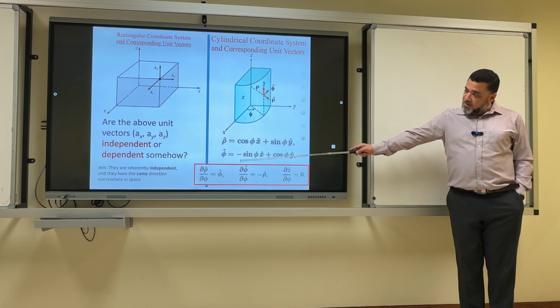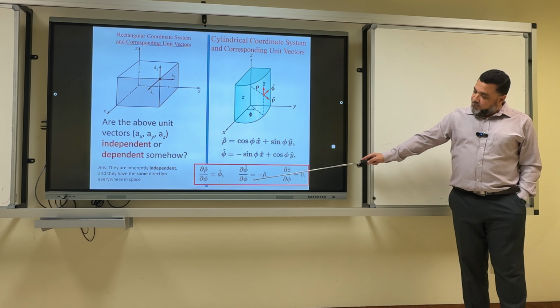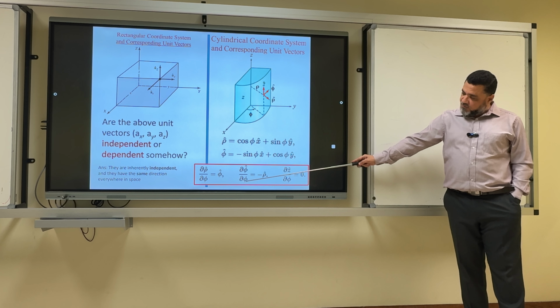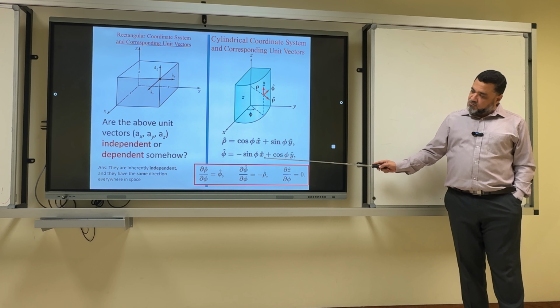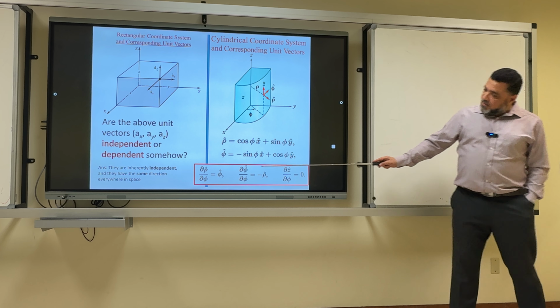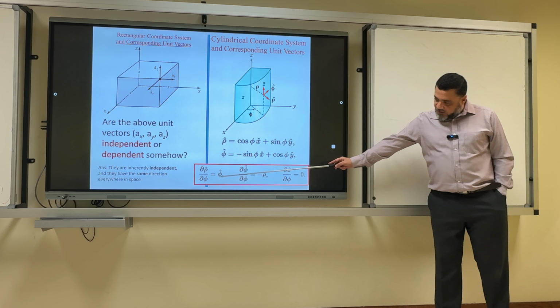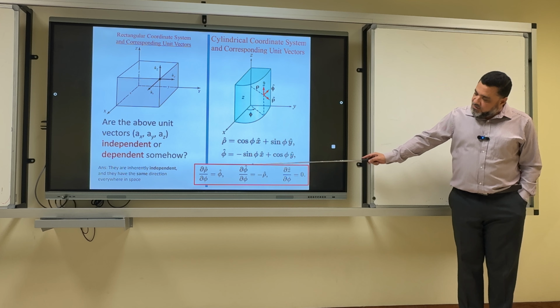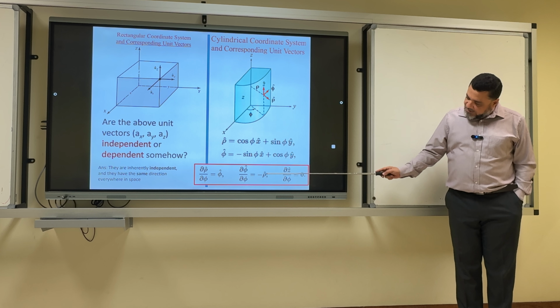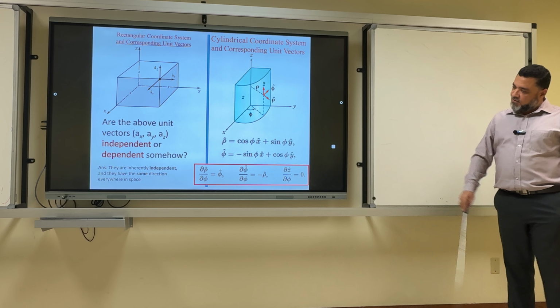And the partial of a_phi with respect to phi will be minus a_rho, which is minus cosine phi in x plus sine phi in y. So partial a_rho over partial phi is a_phi, the unit vector along phi, and partial a_phi over partial phi is minus a_rho. Partial a_z over partial phi is 0, since it has nothing to do with phi.